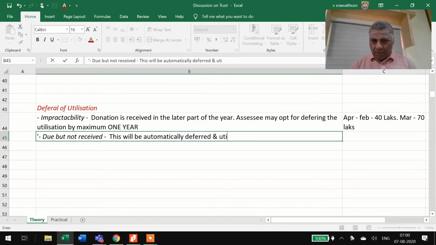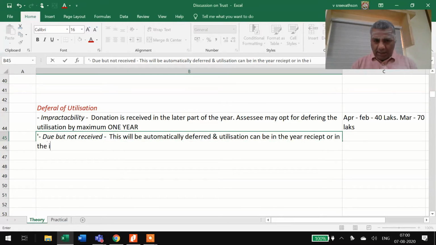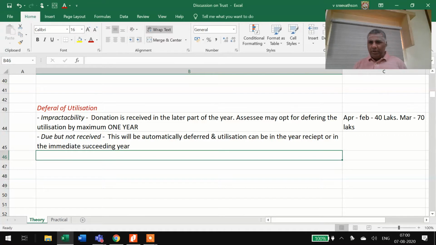And utilization can be in the year of receipt or in the immediate succeeding year. Use it in the year of receipt or in the next year, in the immediate.